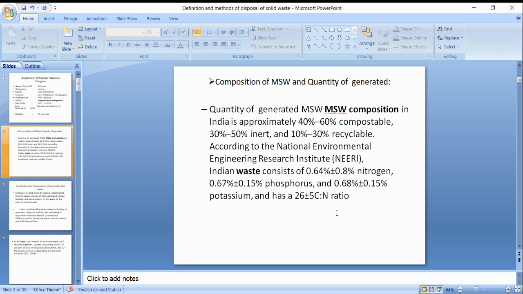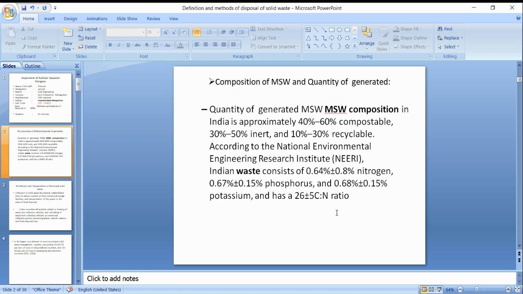According to the National Environmental Engineering Research Institute, NEERI, Indian waste consists of 0.64% to 0.8% nitrogen, 0.67 to 0.15% phosphorus, and 0.68 to 0.15% potassium.